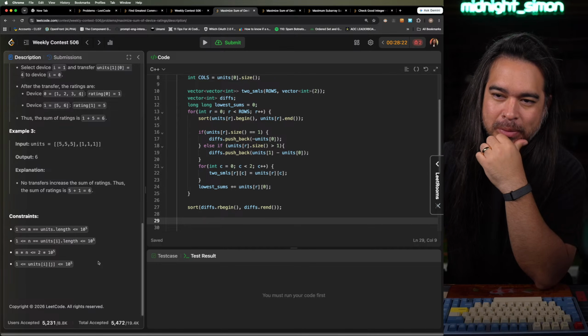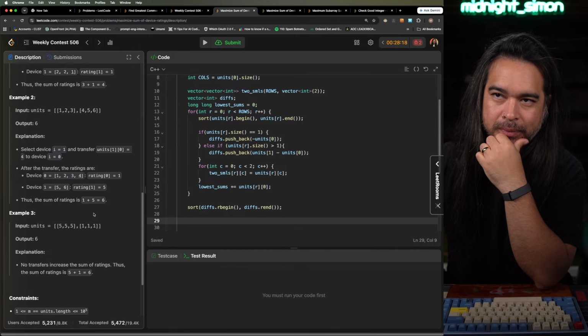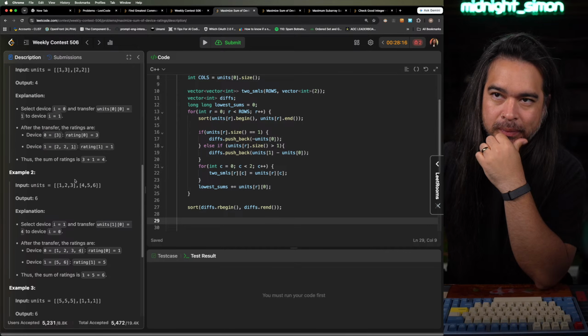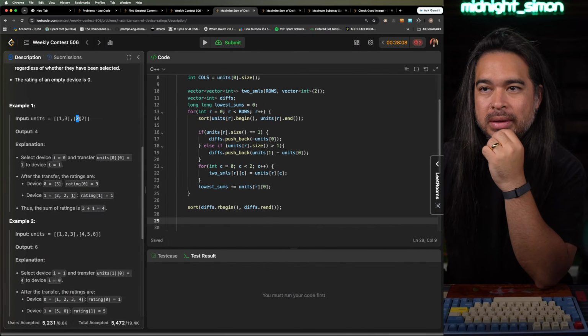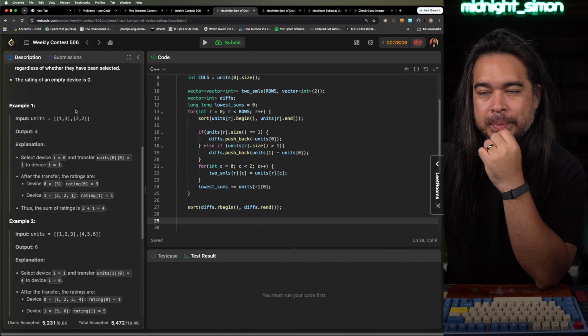Maybe it's just some greedy algorithm that you can run. So this diff is 2. This diff is 0.